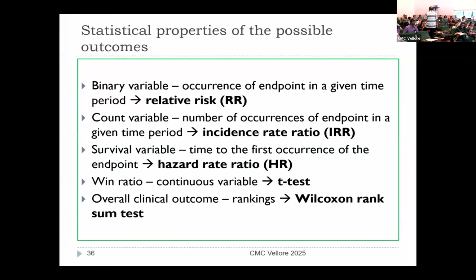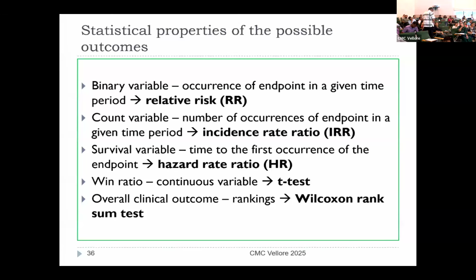I can treat it as a binary: it occurred or did not occur in a given specific time. I can treat it also as a count, saying how many of these composites occurred in a given time period. I can treat it as time to the first occurrence of any one of the components, or I can have the multiple. So I can do anything with it.